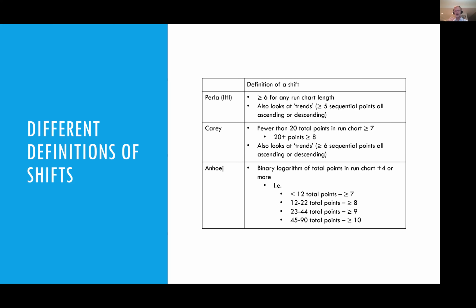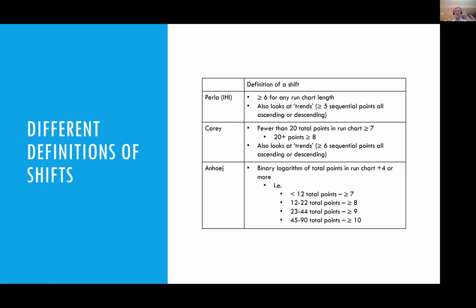The binary logarithm of 4 is 2. The binary logarithm of 8 is 3, and so on. And so again, the number of points to make a shift in a run would be dependent on the total number of points. If it's less than 12 points, you would need more than 7 to make a shift. 12 to 22, you would need more than 8, and so on.